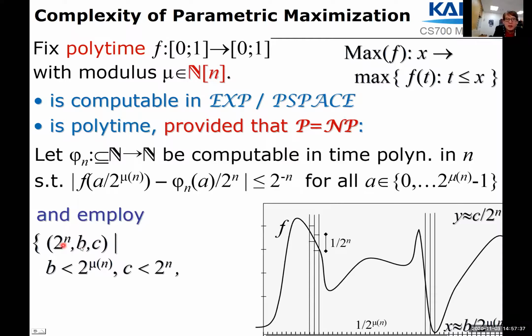So the binary length of that input is roughly 3 times n. Here the binary length is roughly n. Here, to be fair, the binary length of this is mu of n, which is polynomial, and the binary length of this is n. So it's basically 2 times n plus some polynomial in n, which is polynomial in n.